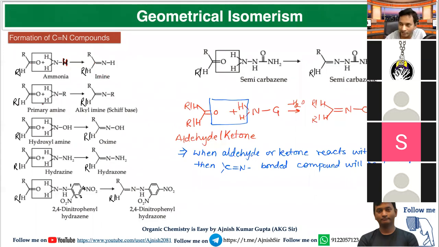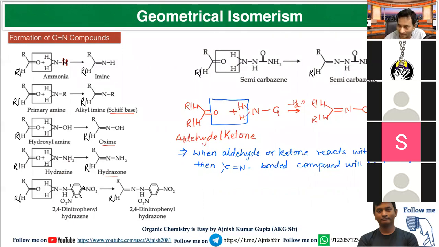When aldehyde or ketone reacts with RNH2, that means primary amine, a water molecule goes out and there is formation of alkyl imine, which is also called Schiff base. When aldehyde or ketone reacts with hydroxylamine, which is NH2OH, oxime will be formed. When aldehyde or ketone reacts with hydrazine, then hydrazone will be formed.